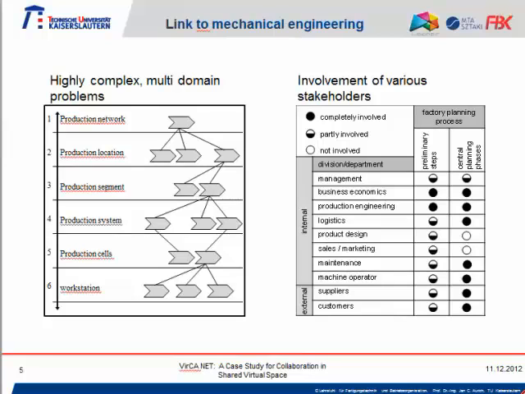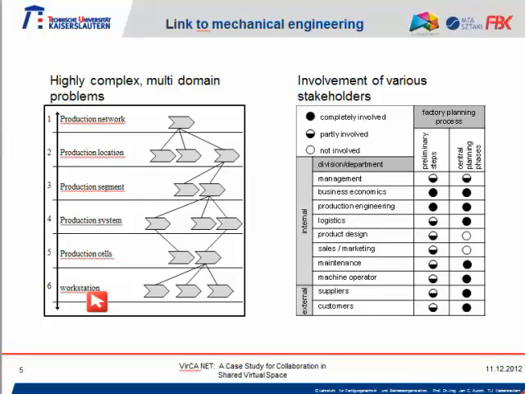On the one hand, different levels of a factory must be considered. We can go from a very top-level domain like the production network, and focus on even smaller sections of the whole system, so that in the end even a single workstation or workplace must be considered when planning a factory.